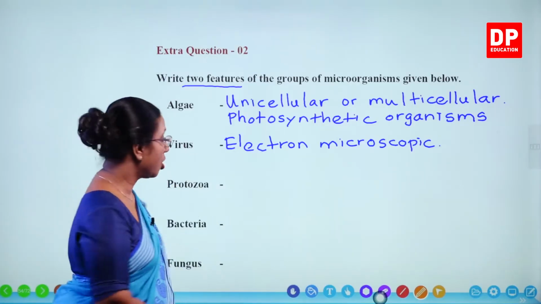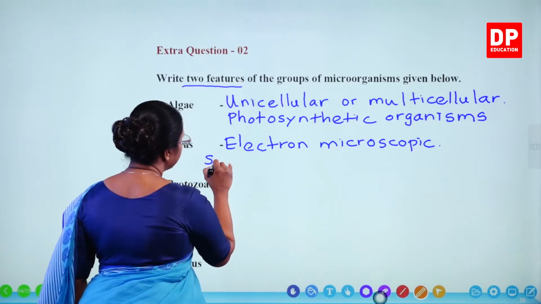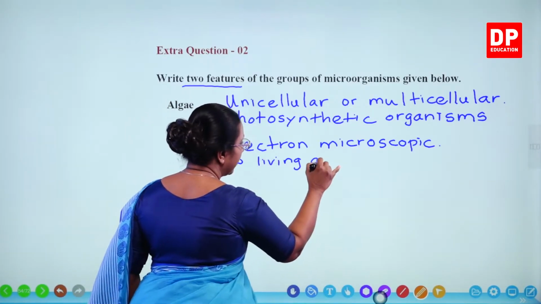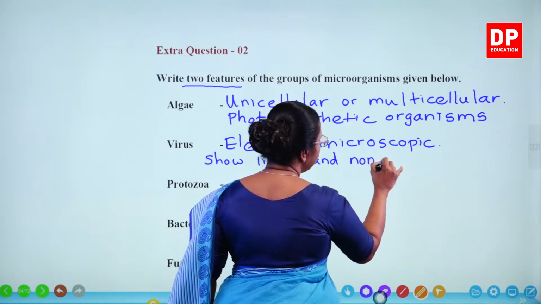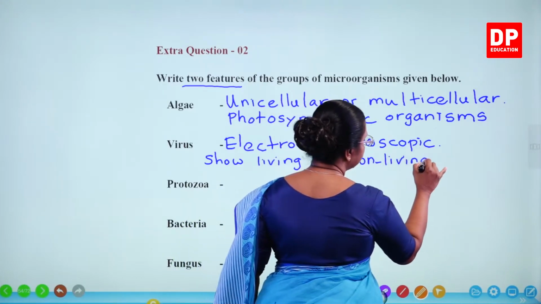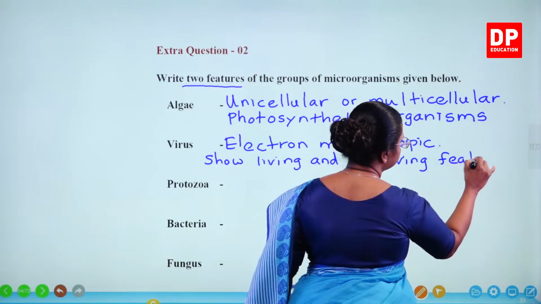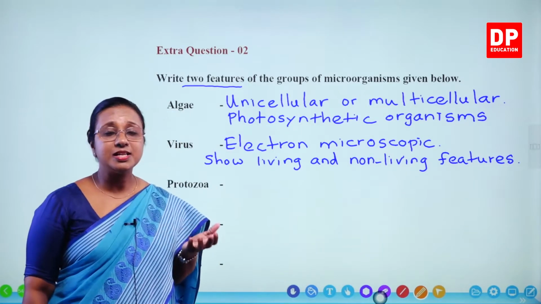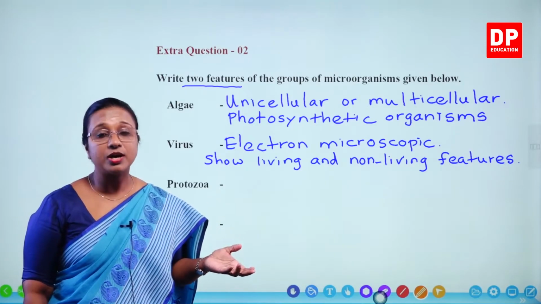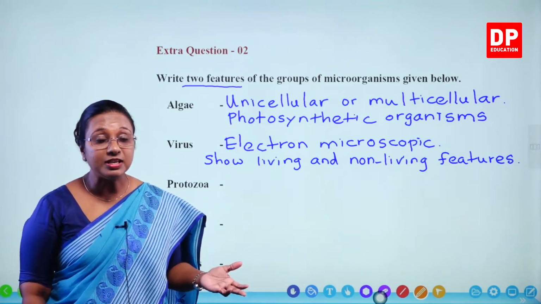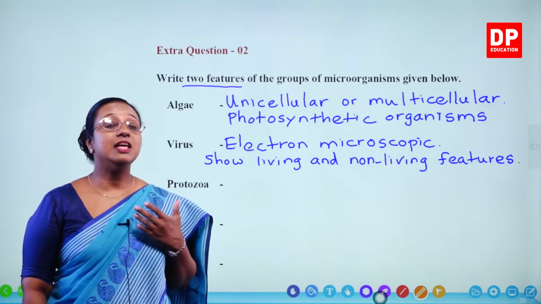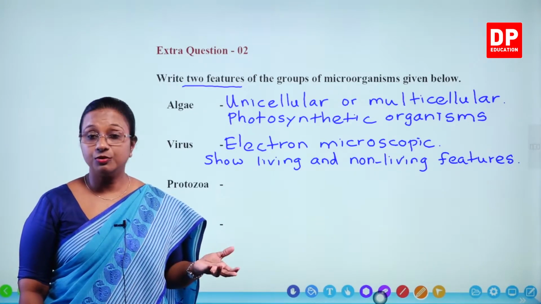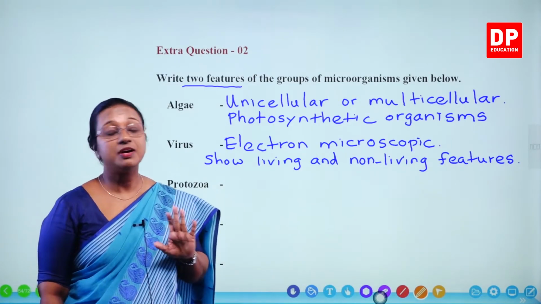They show living and non-living features. What else can you write? There is no cellular organization. They multiply only within a living cell and they do not show characteristics like respiration and growth. So those are all features of virus.